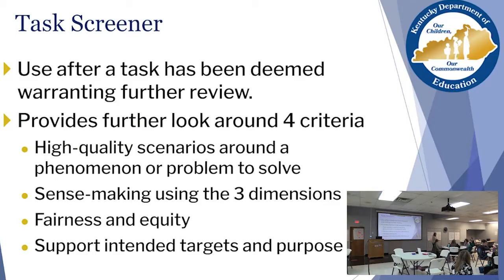This afternoon, what we are going to do is look at just 2 of those criteria. And we're going to do this in groups, okay? We're going to look at criterion A, which is around phenomena, and we're going to look at criterion B, which is around the 3 dimensions. So A and B.